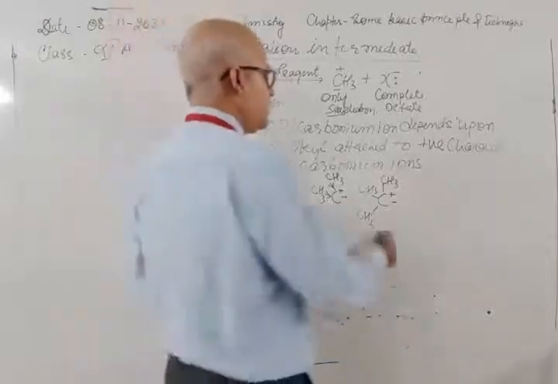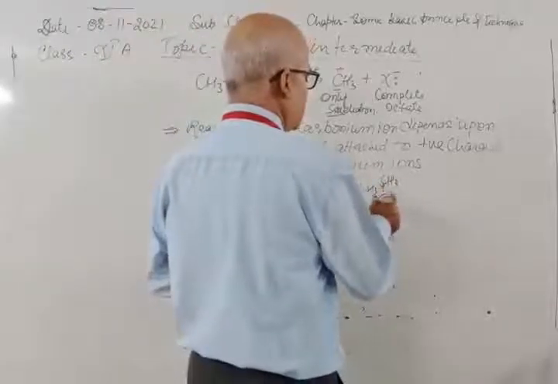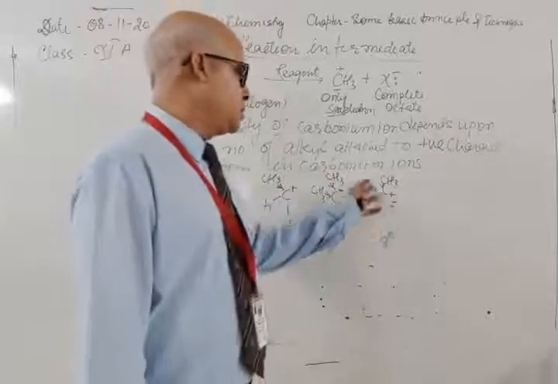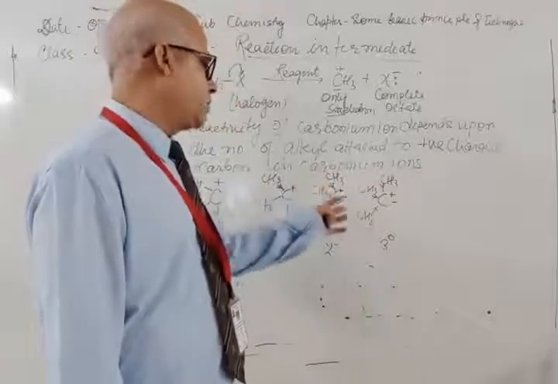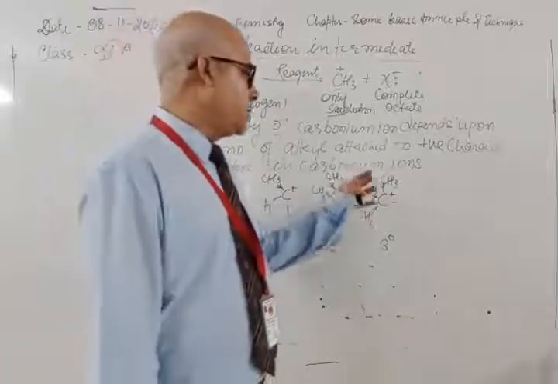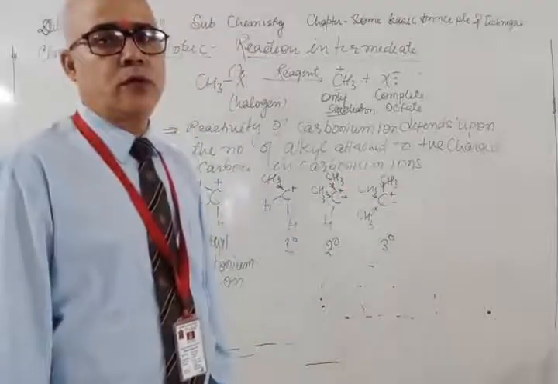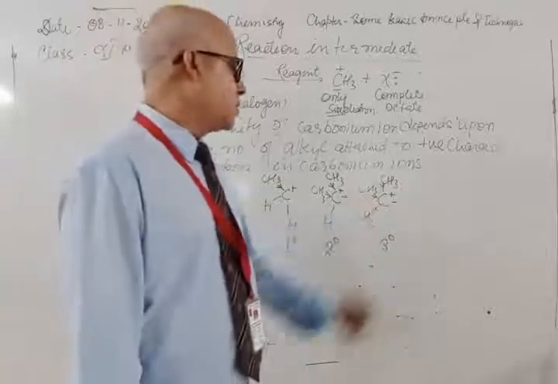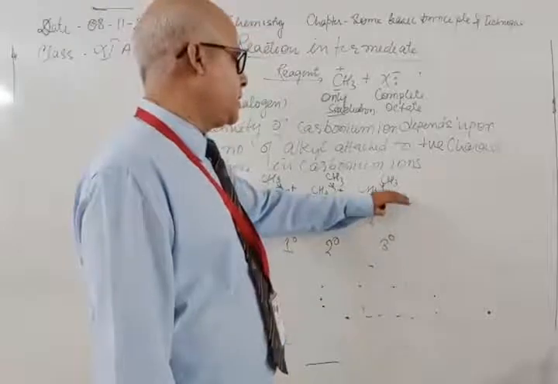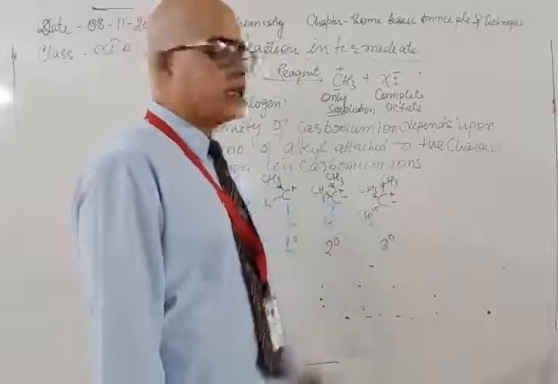Now in the third one you can see that here is an electron pair, with electron releasing groups: here was 2, here was 3, here is 3. So they can release more and more electron, and this way the density of electron is high on this carbon.